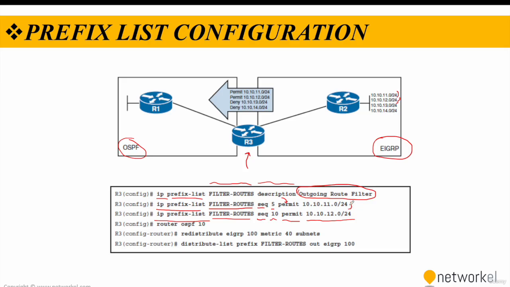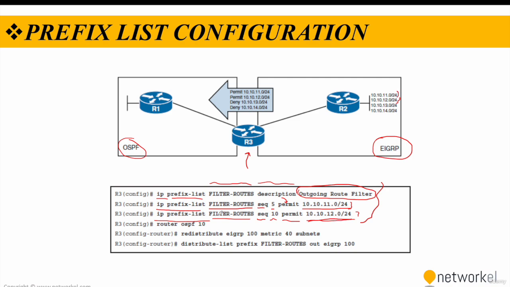That's it, there's nothing else, which means anything apart from these two statements will be denied. That is the purpose of this IP prefix list. I am permitting this subnet with this subnet mask, this subnet with this subnet mask, and denying anything else.